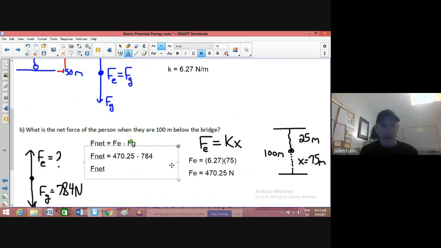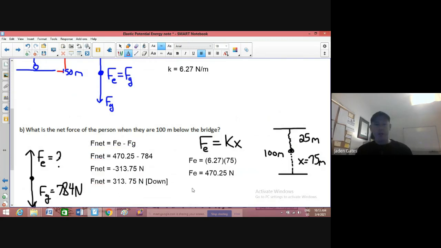And so my net force at this moment is going to be negative 313.75 newtons. Or, again, looking at it as a vector, it's 313.75 newtons, but it is negative, and so that means it is directed down.